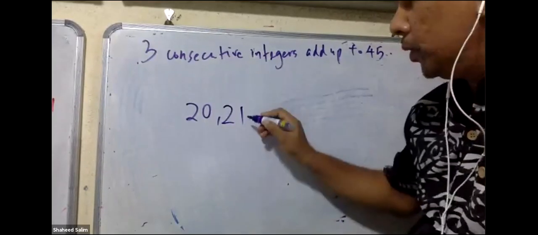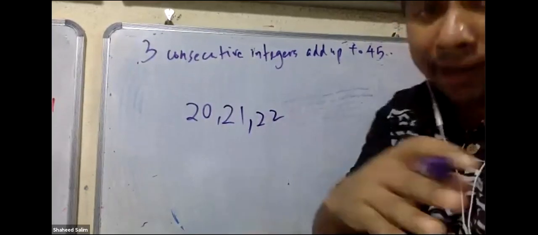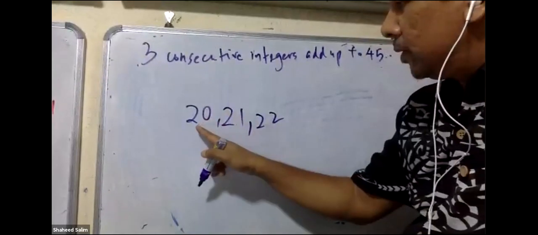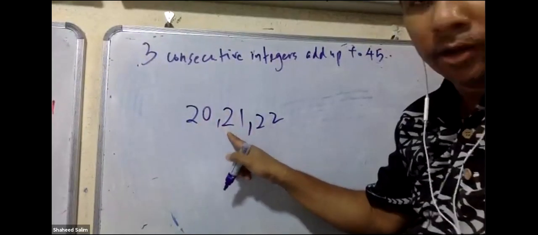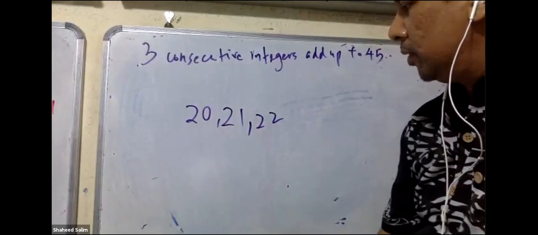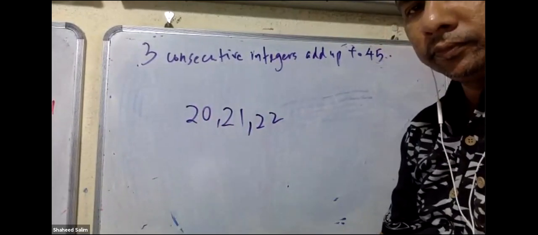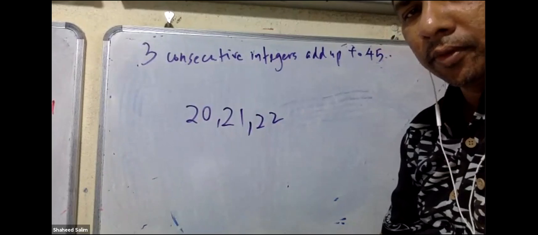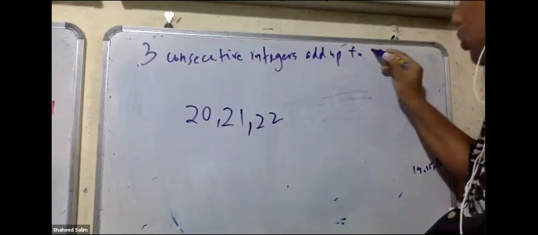What's the next integer? 22. Good. So are we going to make a question with this? 20 plus 21 is 41. Can you just add 20, 21 plus 22? How much is it? Is it 63? Yes. So 3 consecutive integers add up to 63.